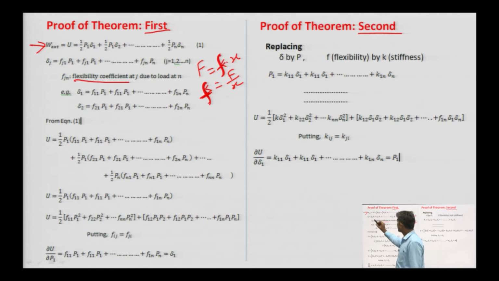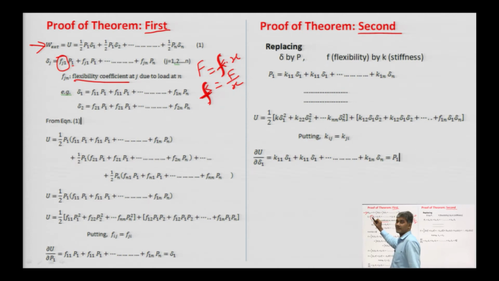So, this is the coefficient f j n, where j n means the flexibility coefficient at j due to load acting at n. So f j 1 means the flexibility coefficient for P 1.